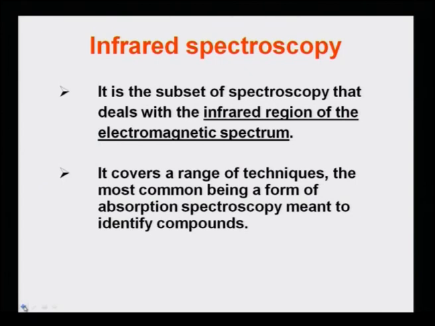It covers a range of techniques, the most common being a form of absorption spectroscopy meant to identify compounds. So it should be understood that the part of the electromagnetic spectrum which deals with the infrared region is the study of the present lecture.